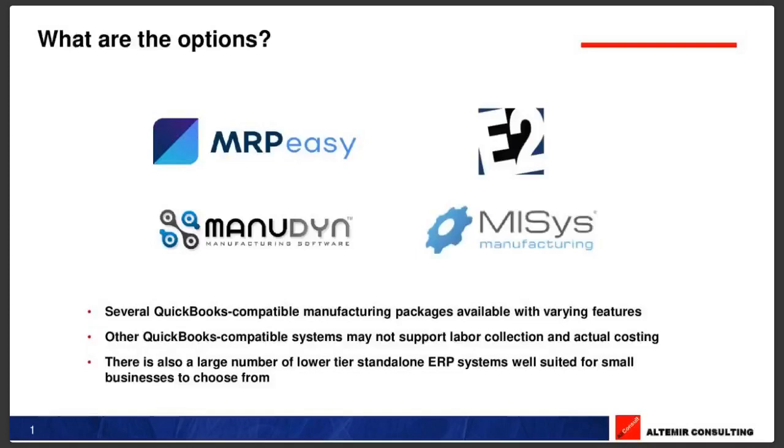The ones that I did not include tend to be inventory systems, very oriented around inventory, or purchasing systems, and they miss certain shop floor oriented manufacturing functionality. So these are the four that I think are at the top of the heap.